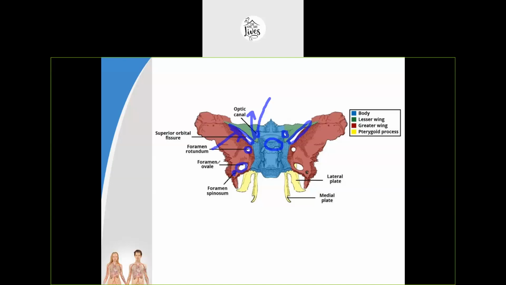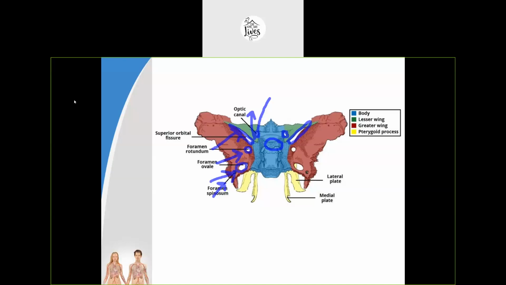We have the trigeminal nerve, branches of the trigeminal nerve passing through the foramen ovale and the foramen rotundum, as well as the foramen spinosum. So these are the openings that you have to remember as a skeletal part in this semester, and next semester you will add the nervous part that will be passing through these openings.